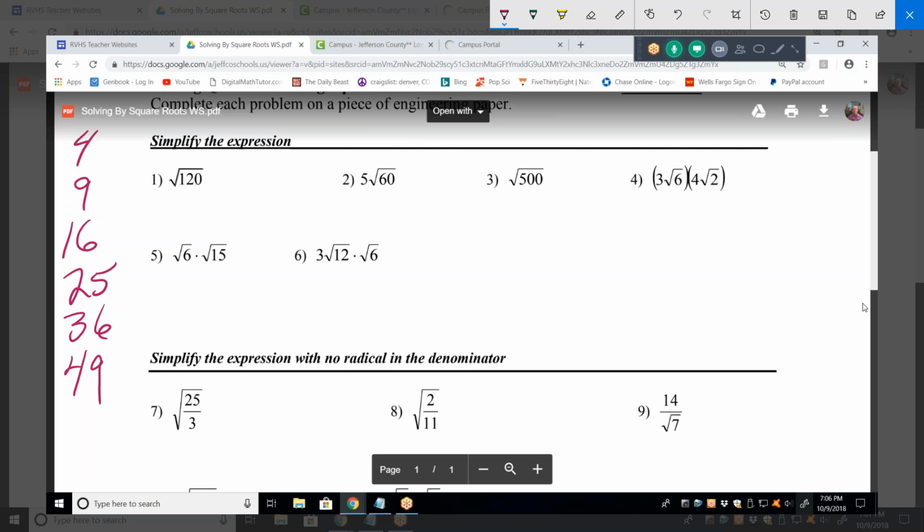So for 120, I would just start doing the multiples of 120. No. What you want to do is find factors of 120, one of the factors being one of those numbers. 25 is not a factor of that. 16 is not a factor of that. 9 is not a factor of that, but 4 is.